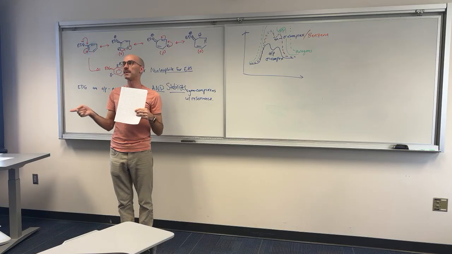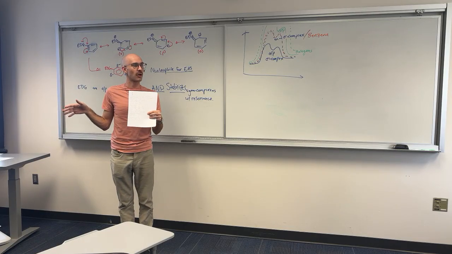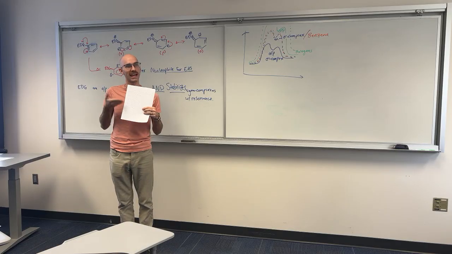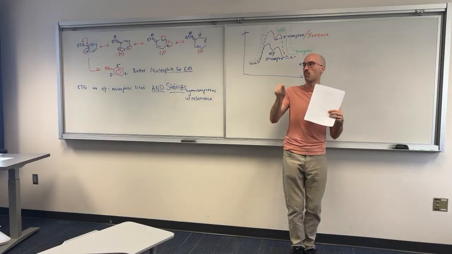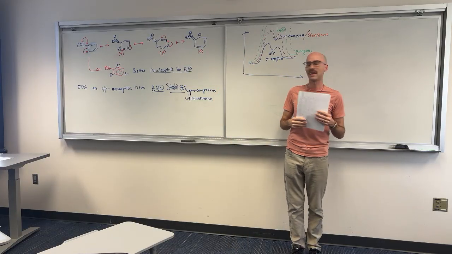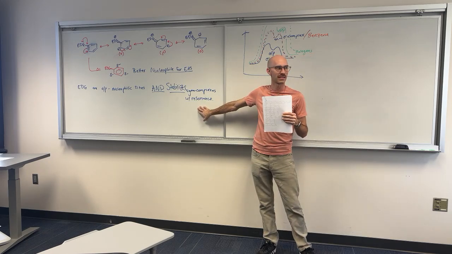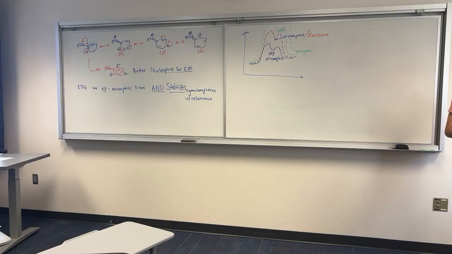If the alkyl group is meta to the nucleophilic attack, that positive charge can never go on a tertiary carbon. But if the alkyl group is ortho or para, it will always have a tertiary carbocation. That's why the alkyl group stabilizes ortho-para. It actually doesn't have the additional resonance like most of our other groups. Yeah?